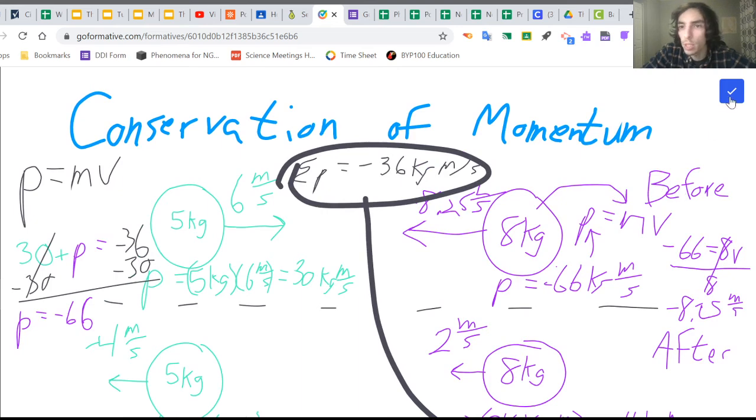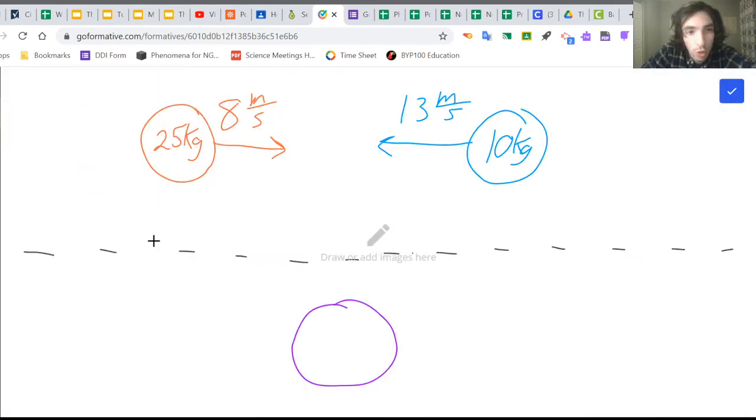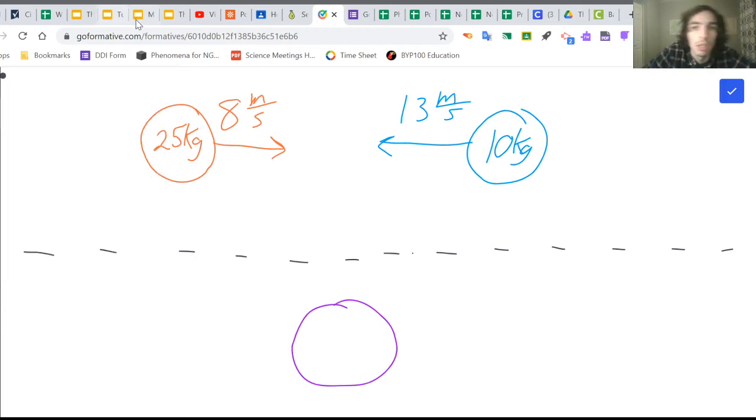So we'll look at one more example of momentum conservation. This one will require us also to use conservation of mass as well. So what we have here is an orange object over here moving to the right, a blue object here moving to the left, and then they sort of stick together and form one larger object.